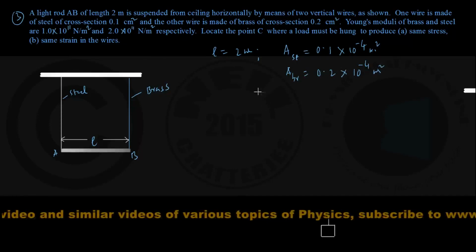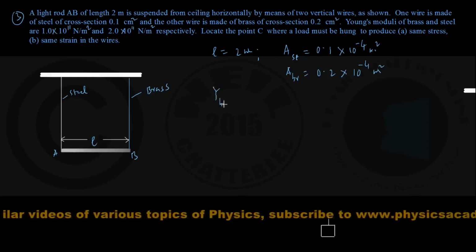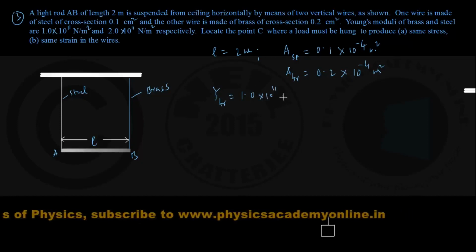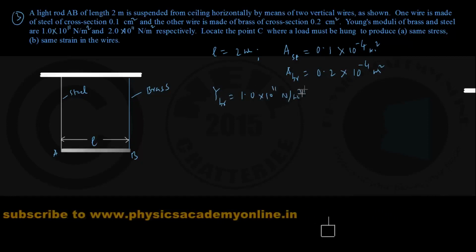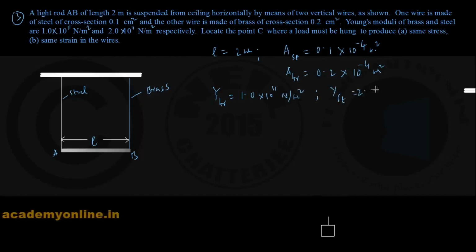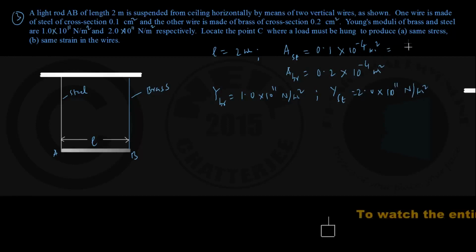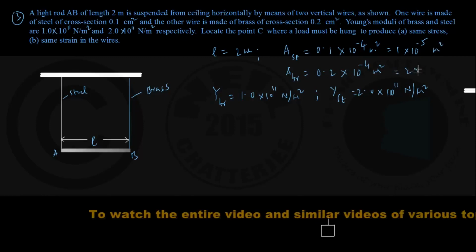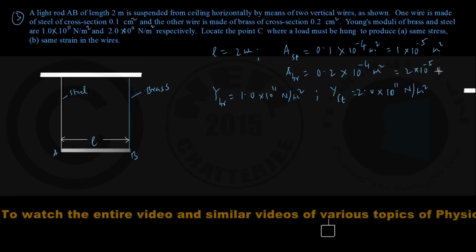For brass, Young's modulus is 1.0 into 10 to the power 11 Newton per meter square, and for steel, Young's modulus is 2.0 into 10 to the power 11 Newton per meter square. Let me write these in scientific notation, that is 1 into 10 to the power minus 5 meter square, and the second one is 2 into 10 to the power minus 5 meter square.